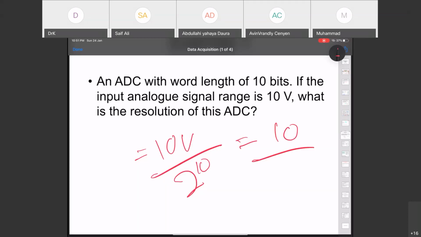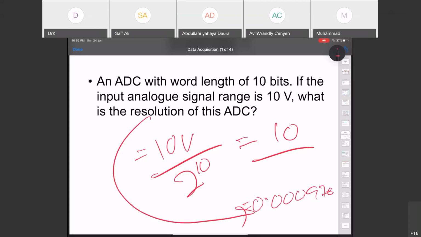It is 0.00976. Yes, so this is the resolution.